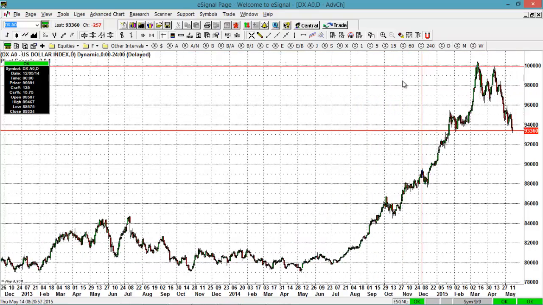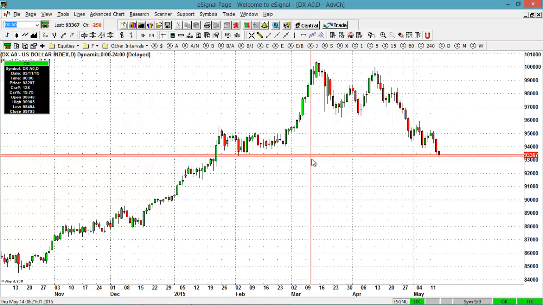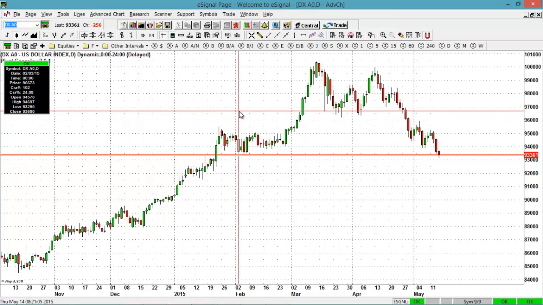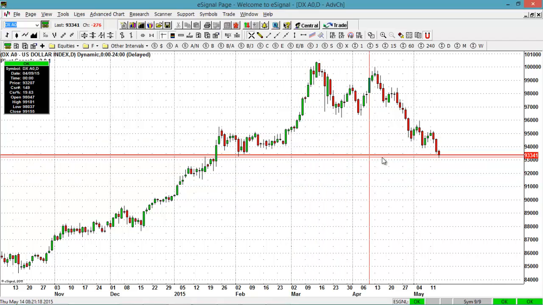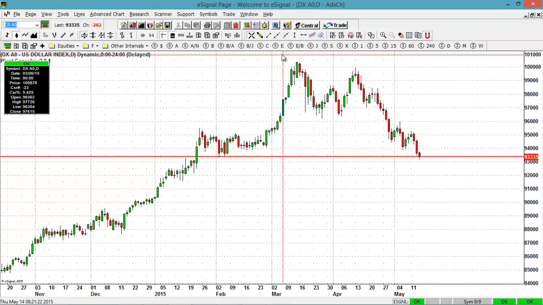This is the daily chart of the US dollar cash index, and the market is currently testing that support point at 93.25. By the end of the day, we'll see if the market is able to break below this area, or the bulls come in and start to buy the dollar around this level.